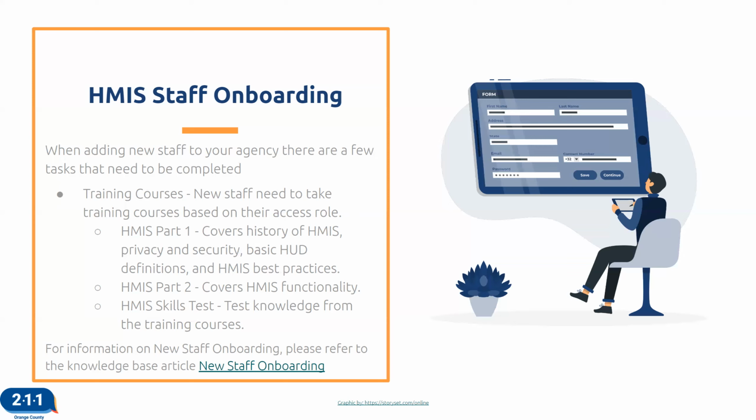For specific information regarding what training courses need to be taken for a specific role, we ask you to refer to our knowledge base article for new staff onboarding. Next slide, please.